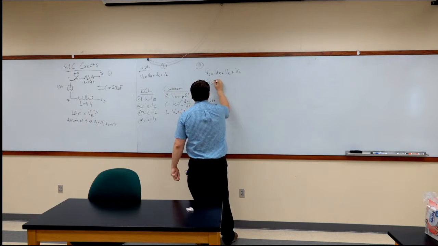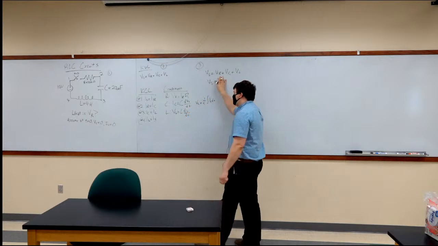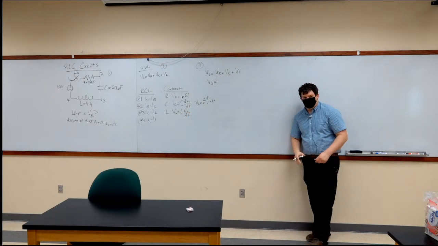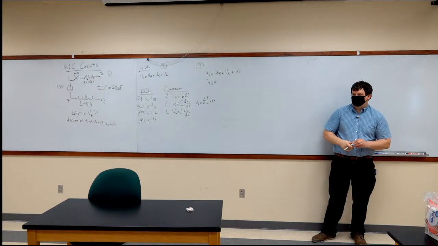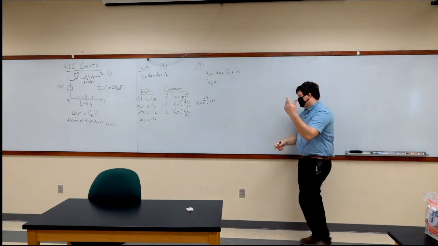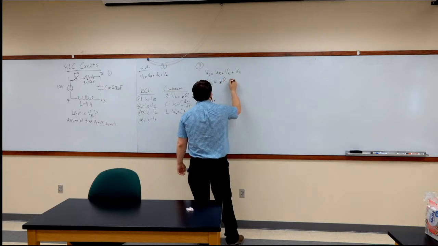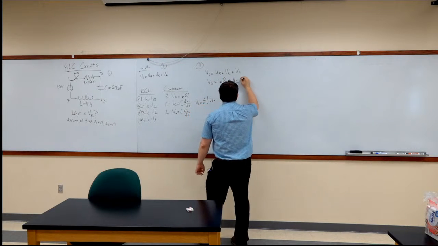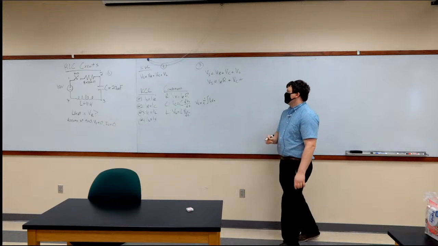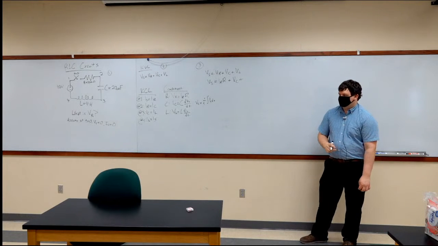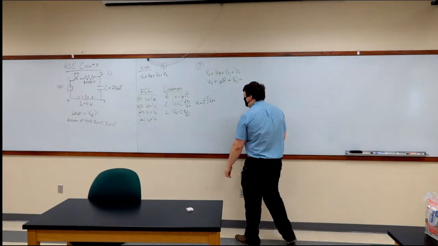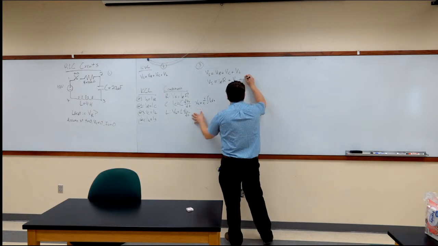So VS is equal to VR. What can we replace VR with? IRR. It's Pirate's favorite variables. We'll keep VC as is. And then what can we replace VL with? That one.